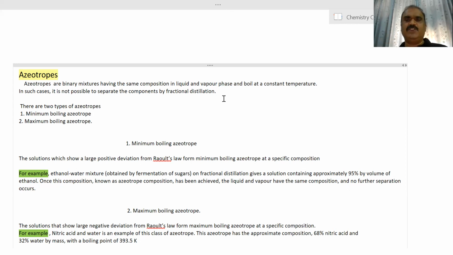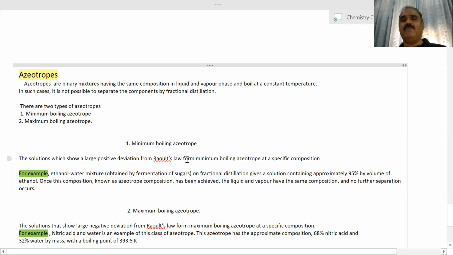Okay, now azeotropes are also of 2 types: minimum boiling azeotropes and maximum boiling azeotropes. So let us discuss first minimum boiling azeotropes. Minimum boiling azeotropes are those which show large positive deviation from Raoult's law.